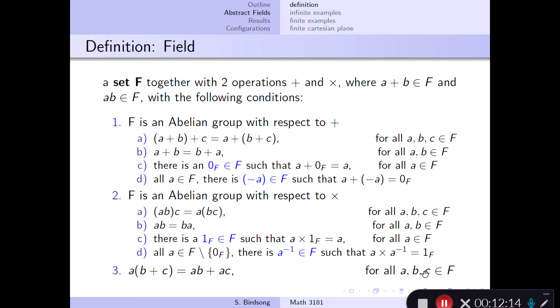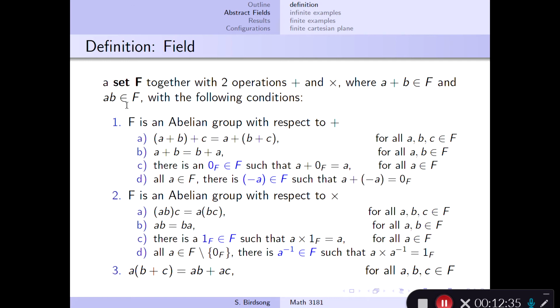And that's supposed to work for any 3 elements in your set. Okay. If all 9 of those properties hold true, and you're closed under addition and multiplication, so you could sort of think about this as 10 properties, if all of those conditions hold true in your set, that's when you have a field.